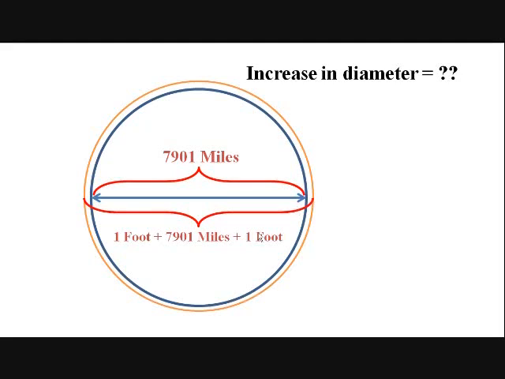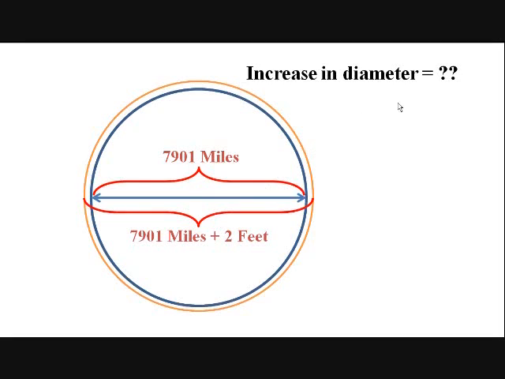So when we put this 1 foot on the right together with the 1 foot on the left, we have 2 extra feet, plus the 7,901 miles. So hopefully it's obvious that the diameter of the enlarged belt is 2 feet bigger than the diameter of the Earth, or the snug belt hugging the Earth, because the 7,901 miles is common to both and cancels out.